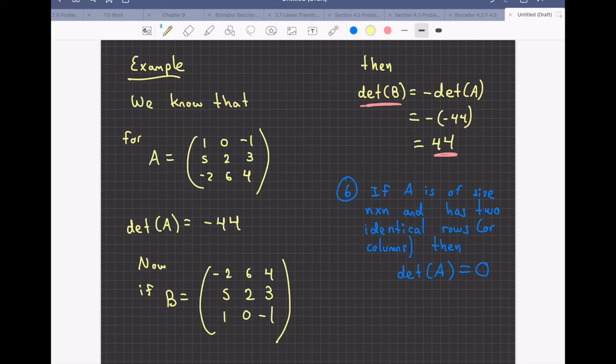If you see a matrix with two rows or two columns exactly the same, do not waste time.